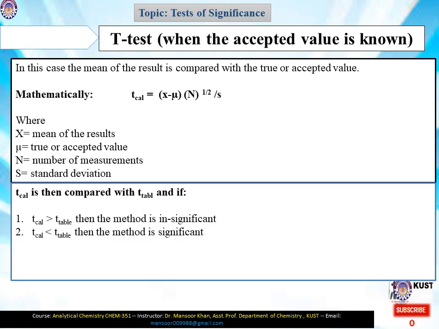So t calculated is then compared with t tabulated, and if t calculated is greater than t tabulated, then the method is insignificant. Second, if t calculated is less than t tabulated, then the method is significant or acceptable.